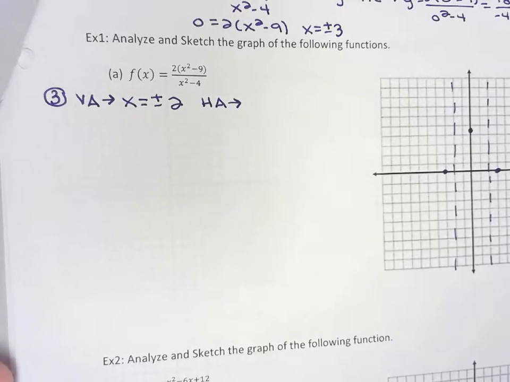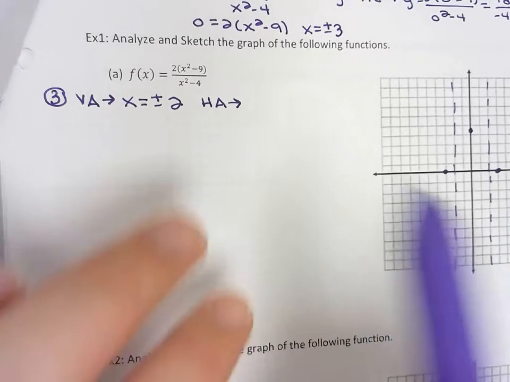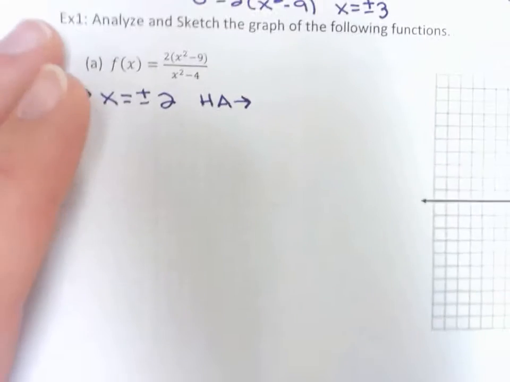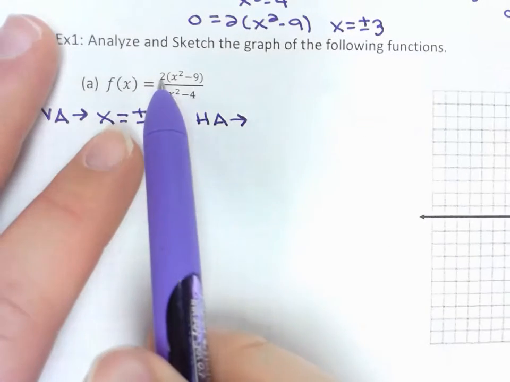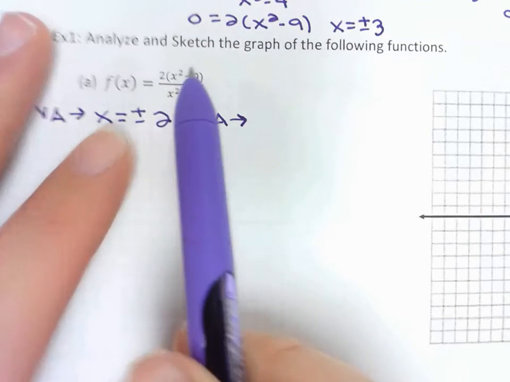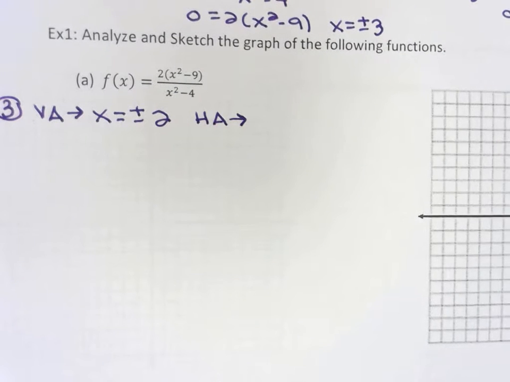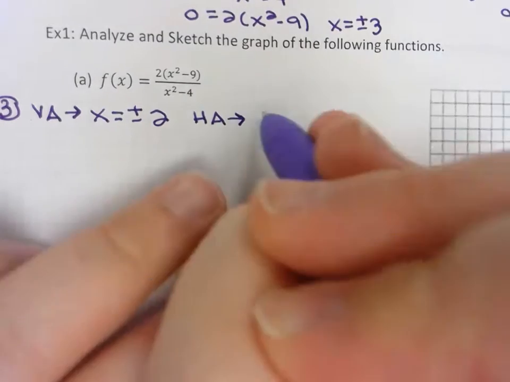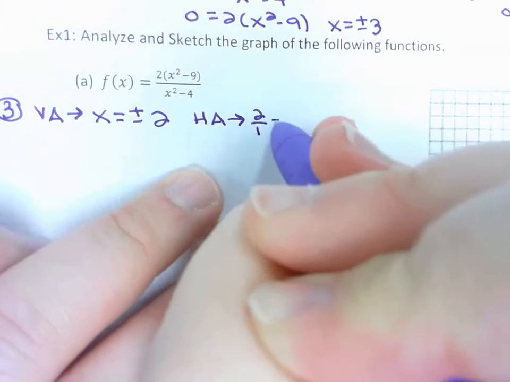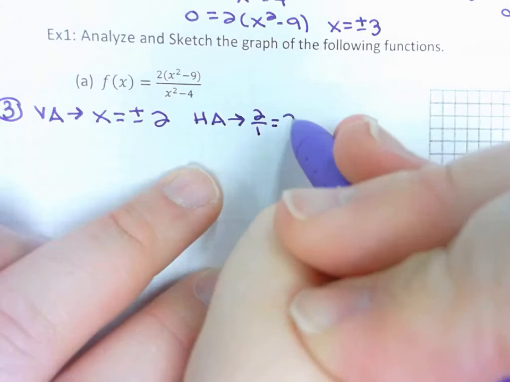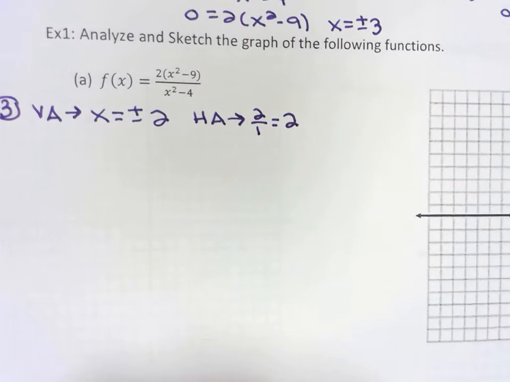If they are the same, then I look at my leading coefficient. What is the leading coefficient on top? 2. Think about distributing. If I would distribute it and put it in standard form, my leading coefficient would be 2. What's my leading coefficient of the bottom? 1. So 2 over 1. Set it as a fraction. So 2. So my horizontal asymptote is at 2.